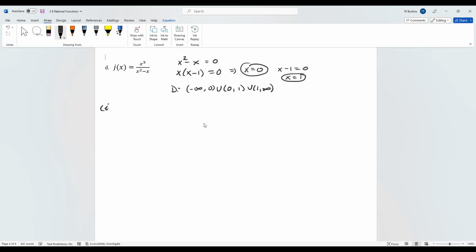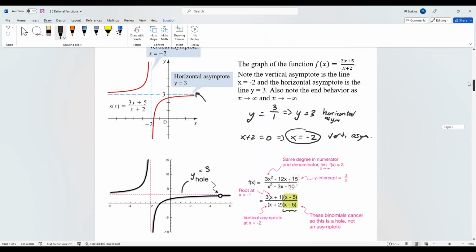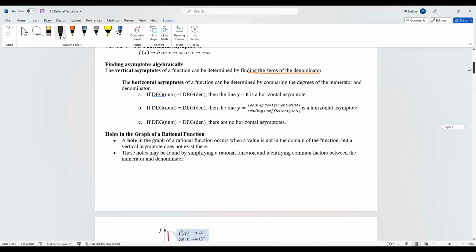We want to first look at the horizontal asymptotes. And we do this by looking at the degrees of the numerator and denominator. So you'll see that the numerator has degree 3, while the denominator has degree 2. So we haven't had this case yet, so let's go back up to our rules, quite a ways up here.